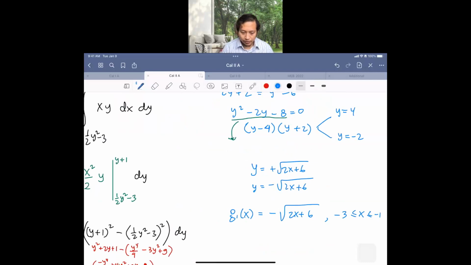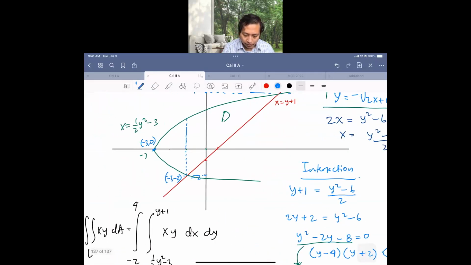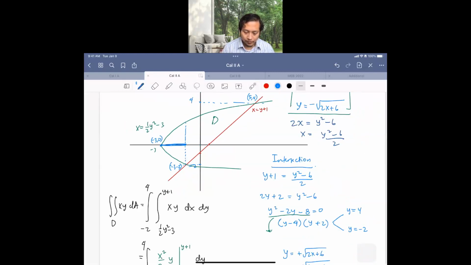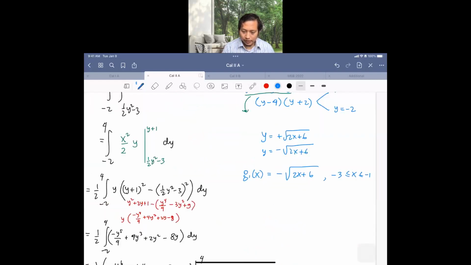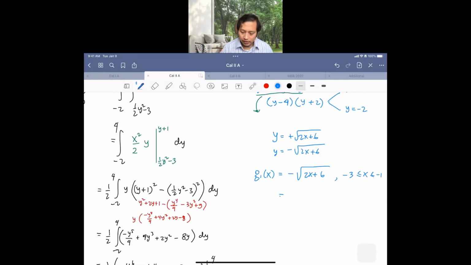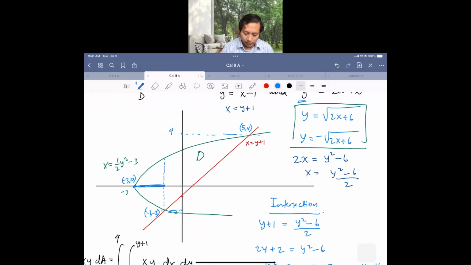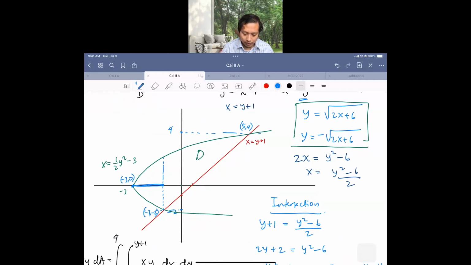So from negative 3 to negative 1, and then from this to this we will have x minus 1, from negative 1 to 5.